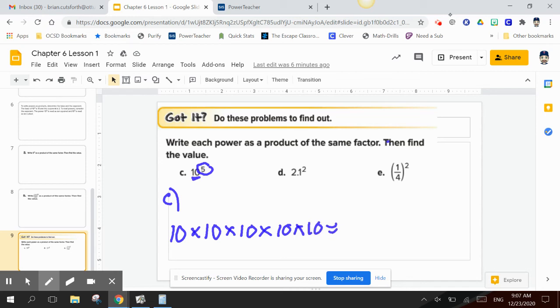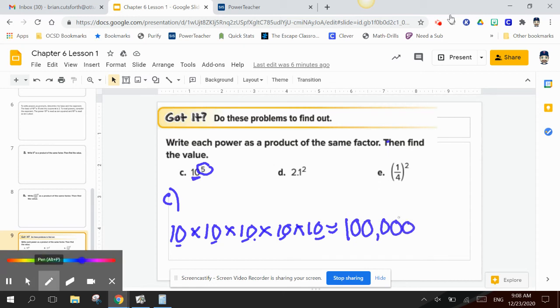And then I have to find the value. So 10 times 10 times 10 times 10 times 10 is a 1 with 1, 2, 3, 4, 5 zeros. So that would be 100,000.